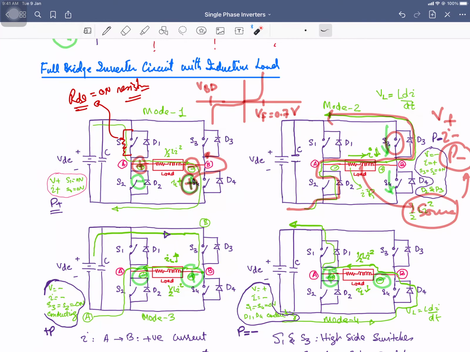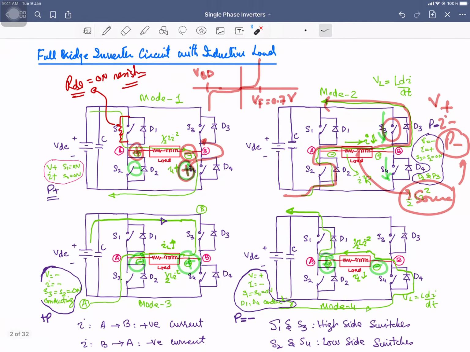So the power that is being transferred from the source to the load will increase, it will become double. You are going to effectively use the voltage source. So that's why your full bridge inverter circuit is used as compared to your half bridge circuit. We use two more switches as compared to the half bridge, but we are going to utilize the source effectively as compared to the half bridge inverter circuit.